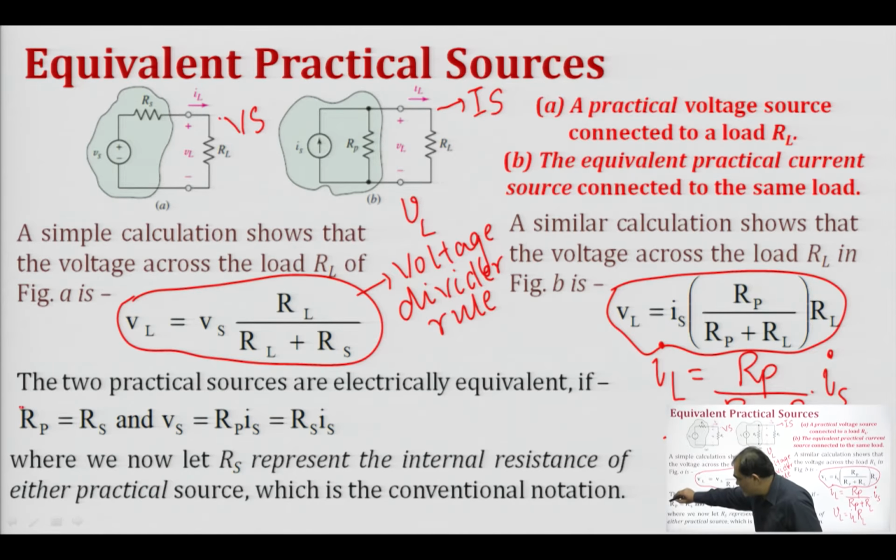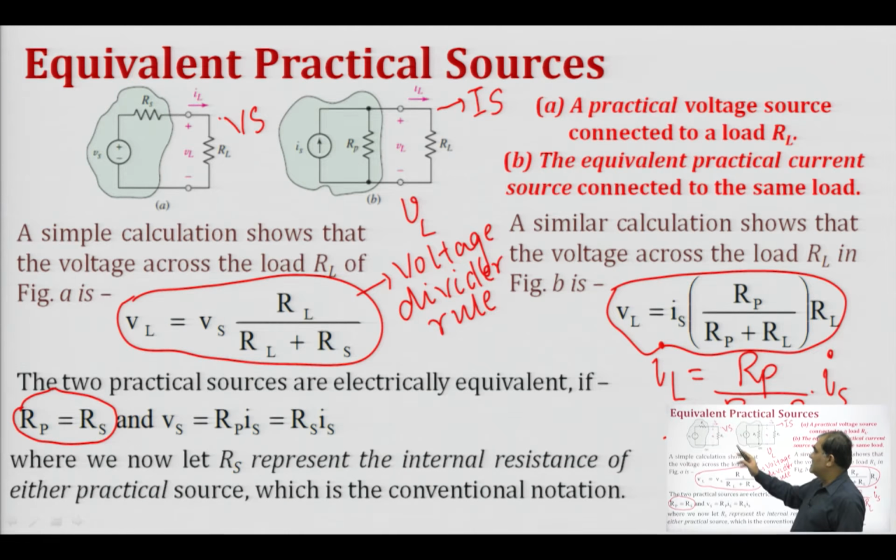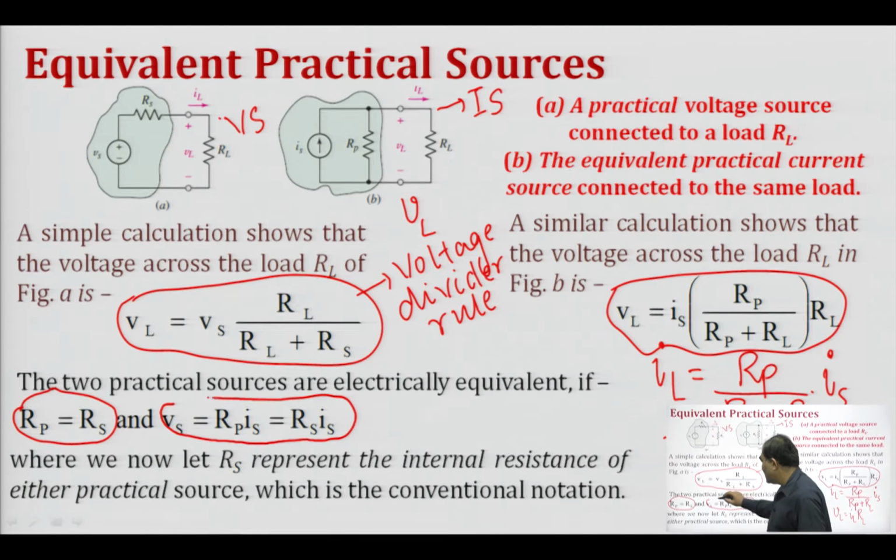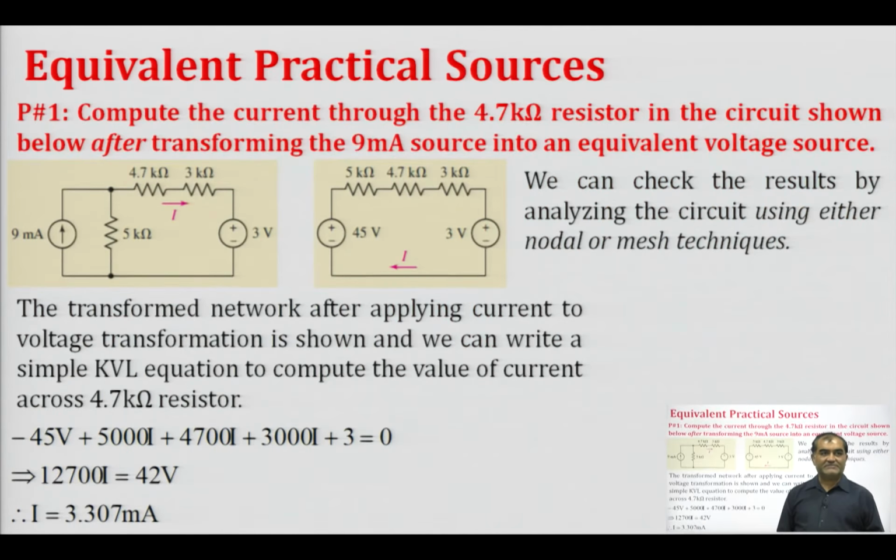So, for these two practical sources to be equivalent, their internal resistances must be the same, and secondly, the source voltage and the source current are related according to this particular relation. So, these are the two conditions which are to be satisfied for the sources to be electrically equivalent.